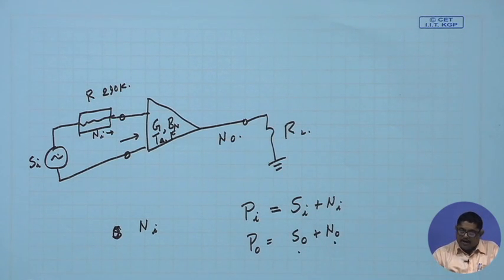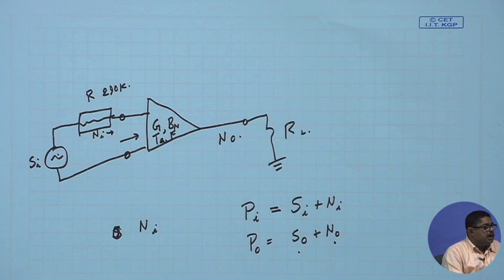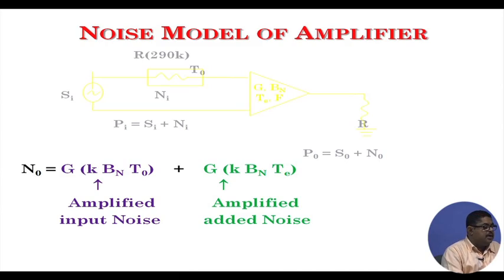Now you can look at the value of the output noise power. Since this amplifier has a gain G, it will multiply the input noise power coming in, that means G into Ni. And Ni, from this definition, is K Bn T0.